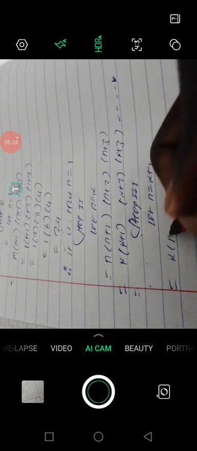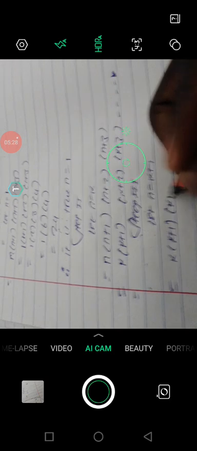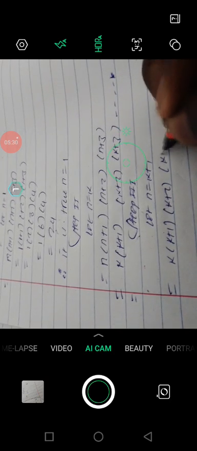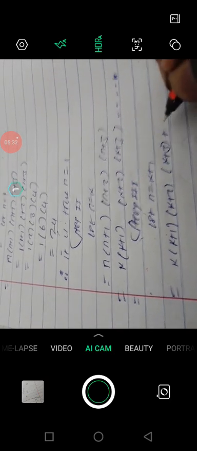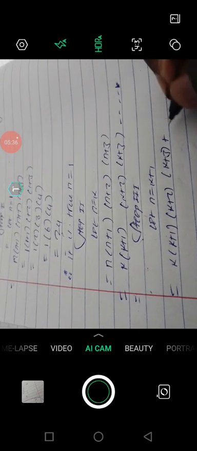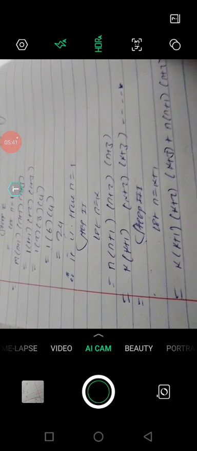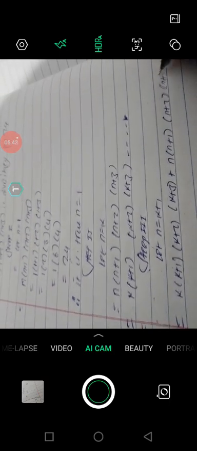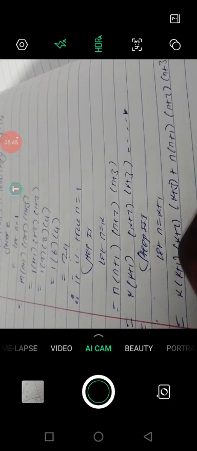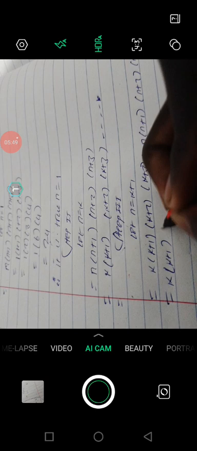So I say k(k+1)(k+2)(k+3), plus, allow me now to write the actual equation, n(n+1)(n+2)(n+3). Then I say k, open (k+1), the same thing, (k+2).